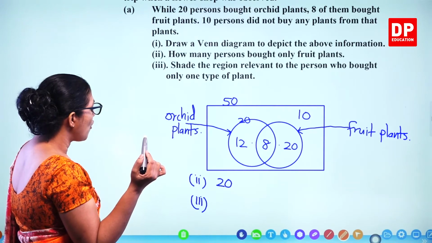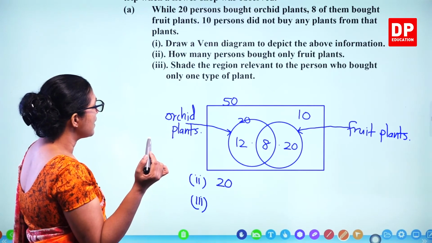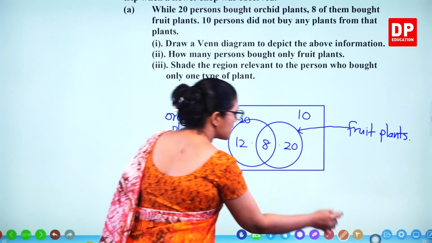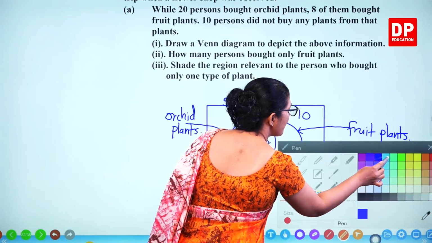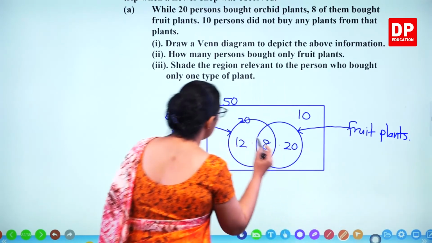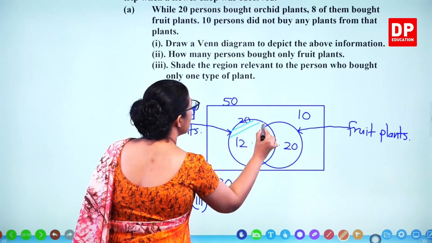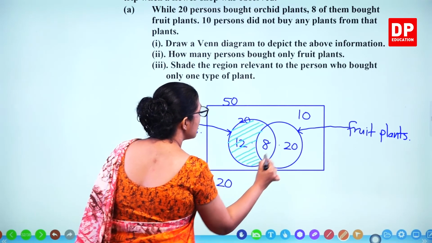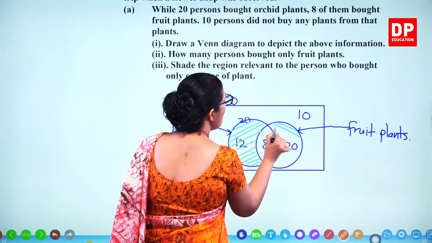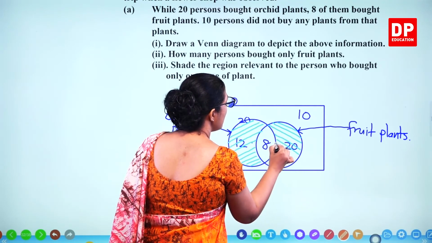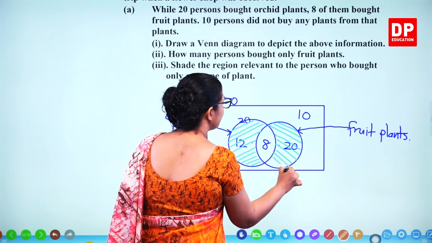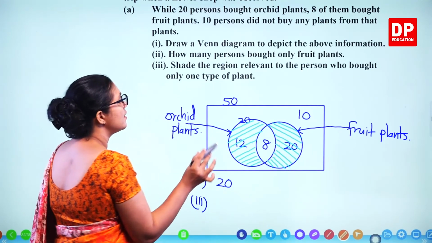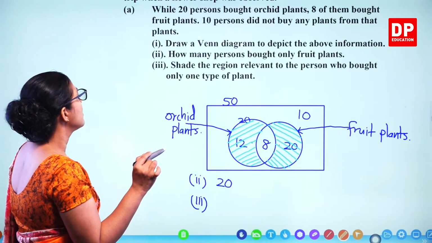So one type of plant, you can either take this side or this side. So we can shade it. I'll take this color and you have to shade this part, that's only orchid, and this part only fruit plants. So those are the two parts you have to shade.